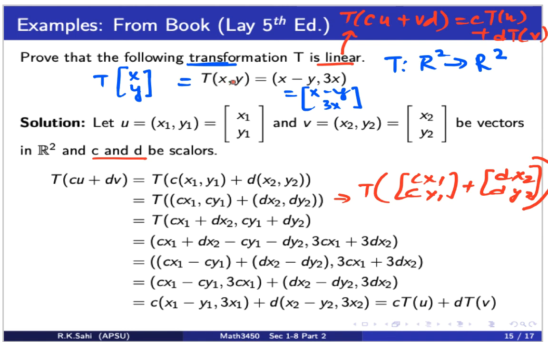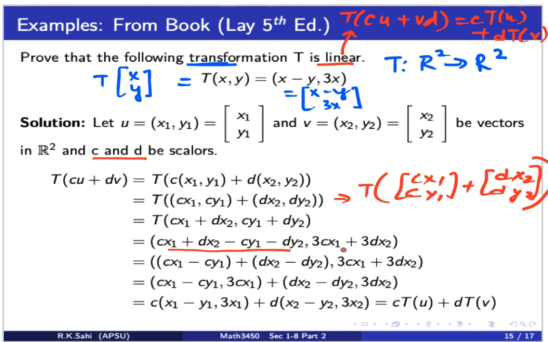That means the first row, we will subtract the second element from the first. That means we are going to take the element cx1 plus dx2 and subtract cy1 plus dy2. So that's what it is. We're applying the definition here.